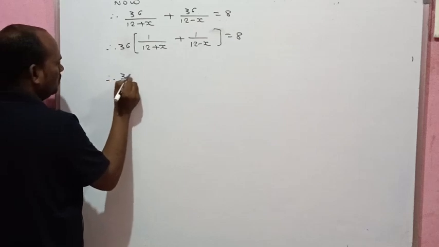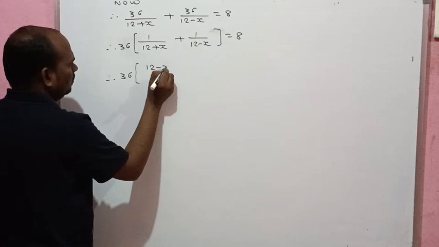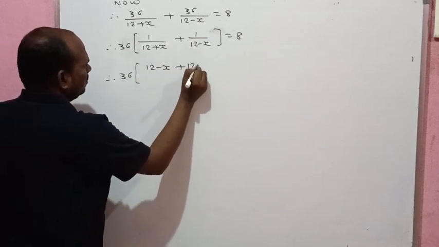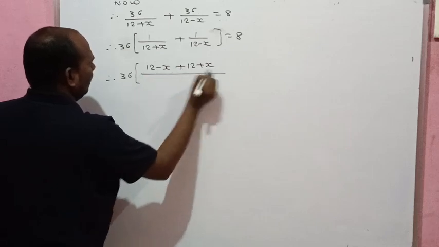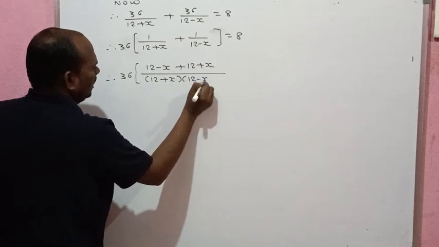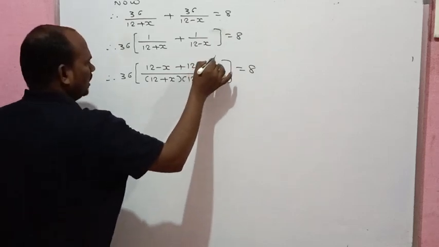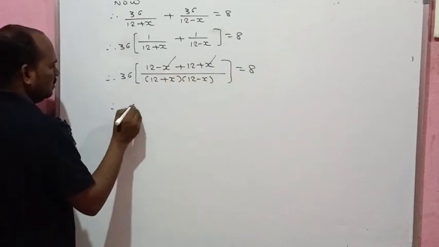Now cross multiplication: 36 times 12 minus x plus 12 plus x divided by 12 plus x and 12 minus x is equal to 8. The plus x and minus x cancel.